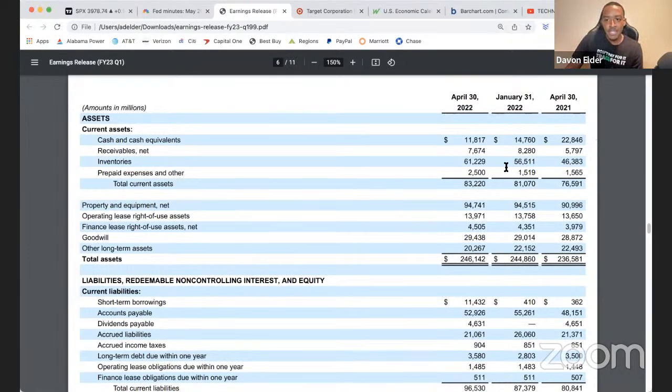If Walmart is able to increase their inventories by nearly $15 billion year over year, and they've got this product in their warehouses and are trying to get off of it, is supply chain really that big of a deal if they're able to have an increase of 15 billion in inventories? Like let's look at that question. Let's ask ourselves that question.